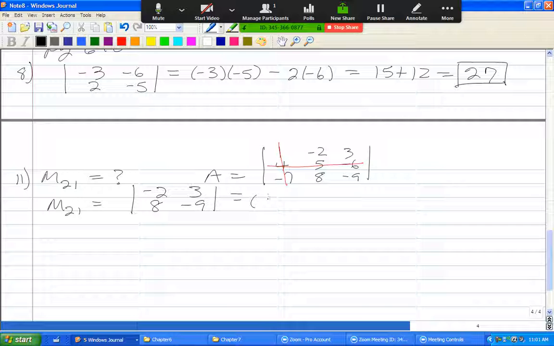And so the determinant of this 2 by 2 is equal to negative 2 times negative 9 minus 8 times 3. That was just a typo, I noticed. So this is equal to negative 18 minus 24, which is minus 42.